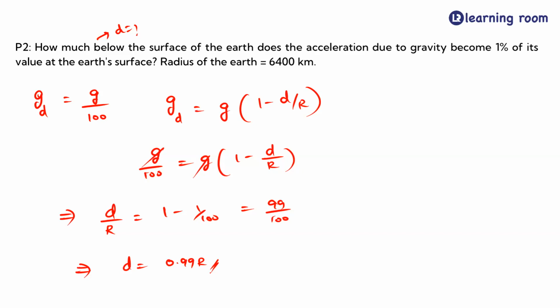Are you all clear with this? So this will come out as 0.99 into 6,400 or 99 into 64. So 99 into 64, whatever is the value, write it down.